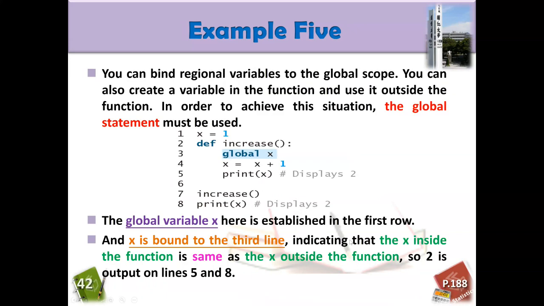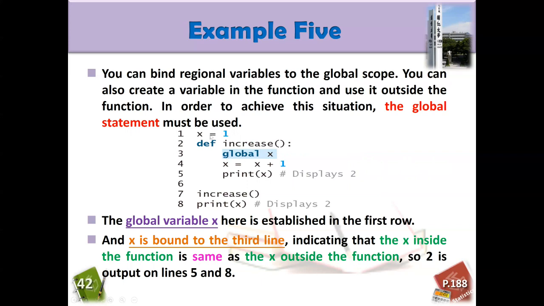So this is an example. You can bind the original variable to the global scope. You can also create a variable in the function and use it outside the function. In order to achieve this, the global statement must be used. It means if you want this x to really be changed, you have to make it global here.